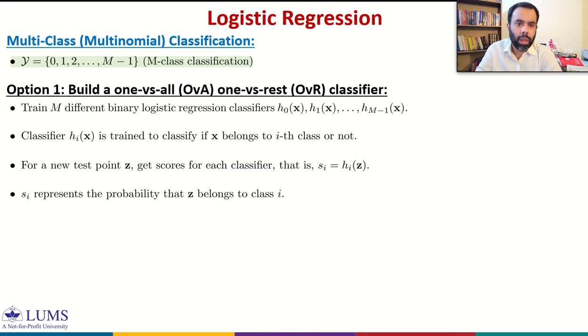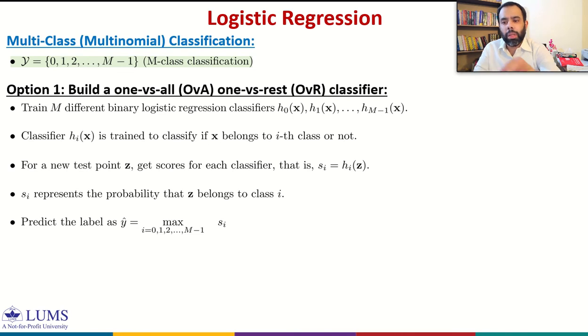Once we have these scores, we predict the label y as the label for which we get the maximum score. So we maximize over all the scores and assign the label with the highest score. That was a one versus all, or one versus rest, classifier. We discussed this before in detail.